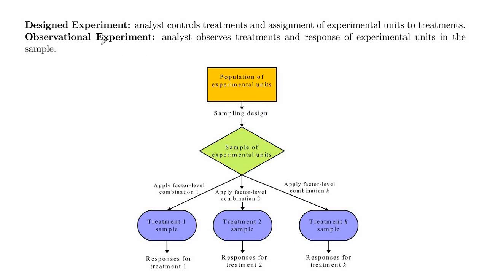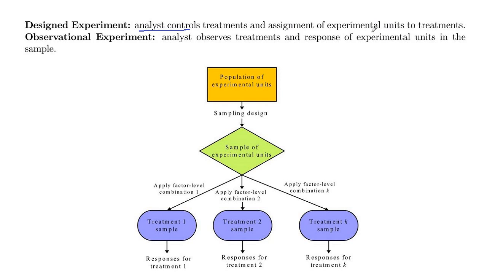So there are two types of studies that we're going to consider: designed experiments and then observational experiments. With a designed experiment, the thing that sets this apart from an observational study is that the researcher or the analyst has control over the treatments and the assignment of the experimental units to the different treatments.